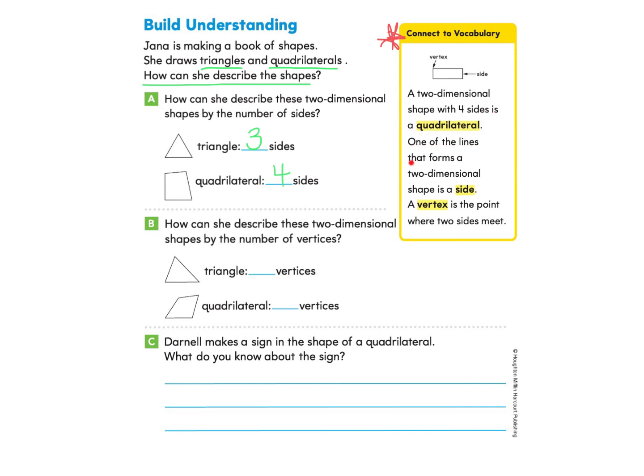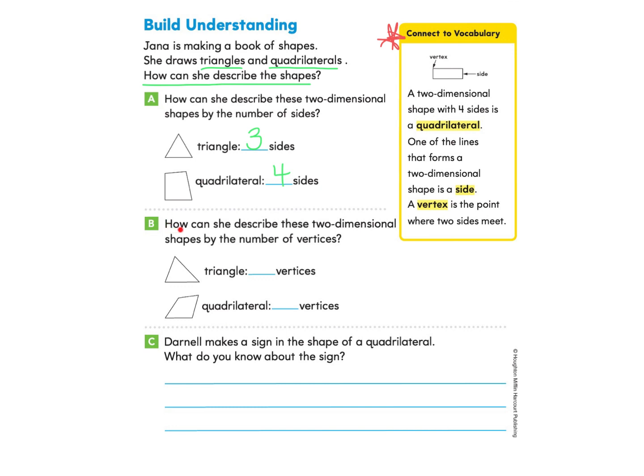One of the lines that forms a two-dimensional shape is a side, which we just counted, 1, 2, 3, 4, on this quadrilateral. It has 4 sides. Remember, a vertex is the point where 2 sides meet. So here we're going to look at the next question that talks more about vertices and counting those vertices.